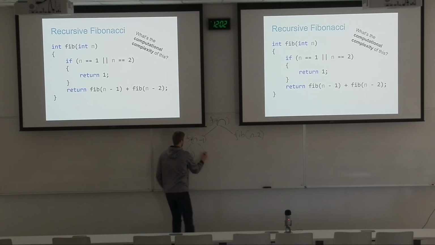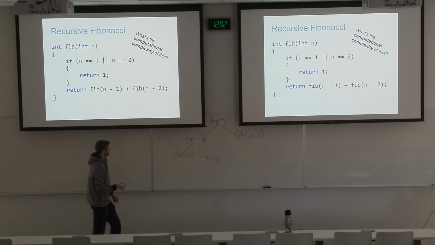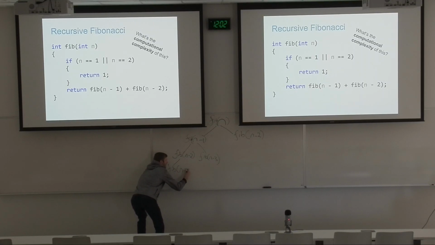I need to know the answer to this in order to answer this. And then over here, in order to know the answer of fib of n minus 2, I need fib of n minus 3 and fib of n minus 4.